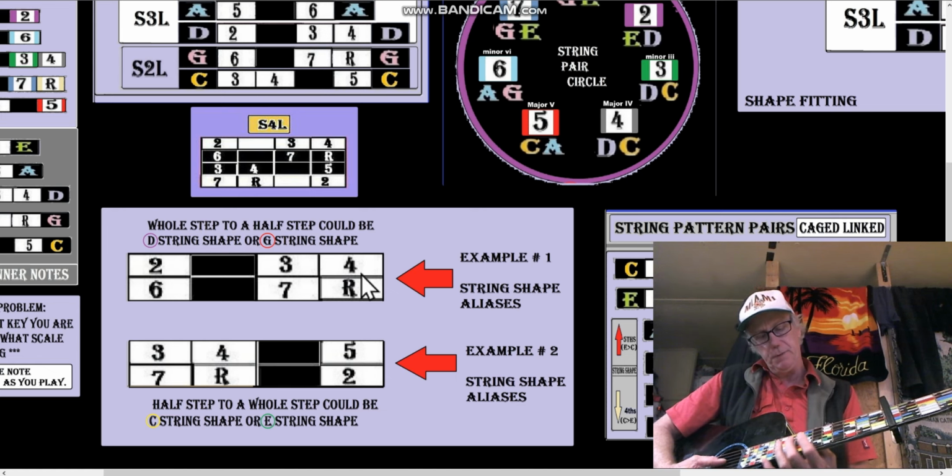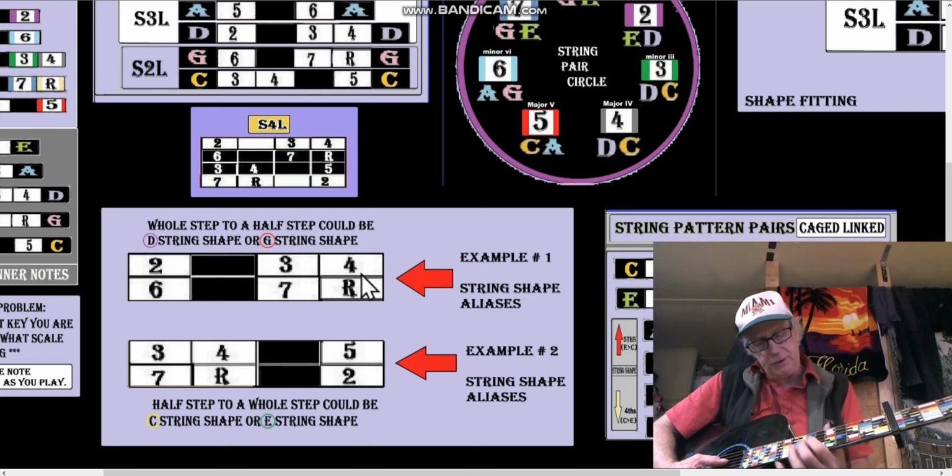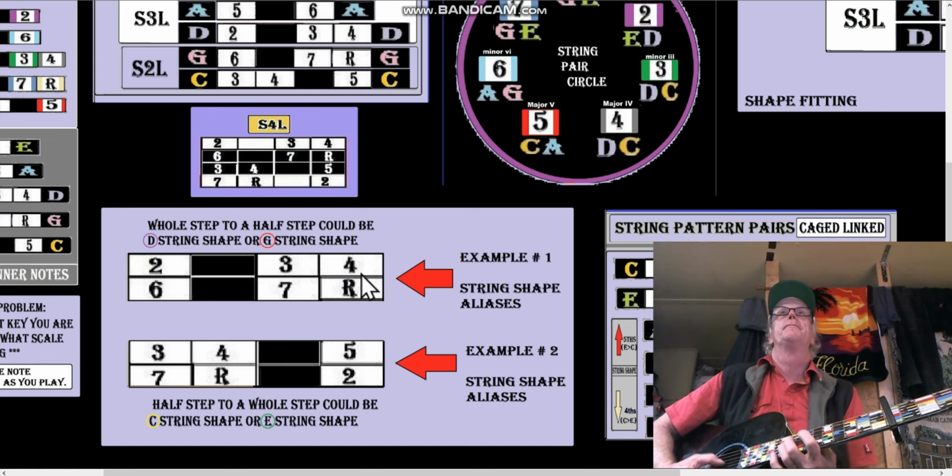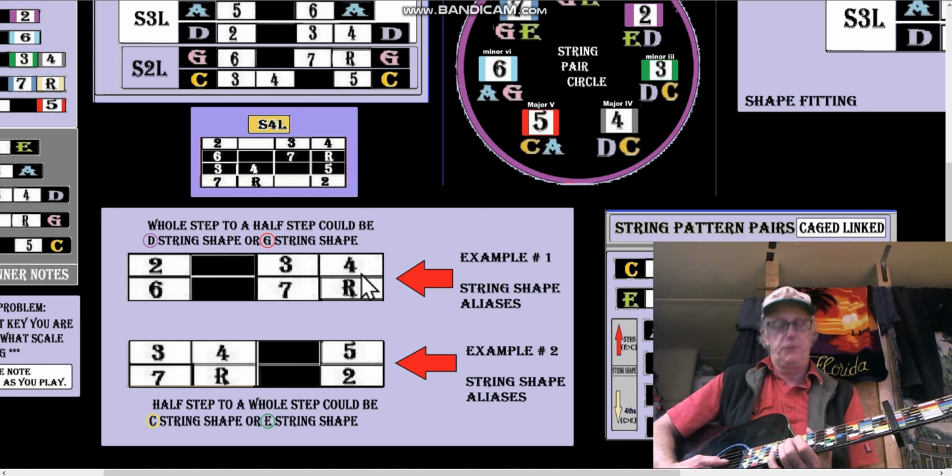But if somebody's playing something and I just play this and it just sounds good, it could be a 2, 3, 4. In that case, what would the C note be? What is C the 4th of? C is the 4th of G, so you'd be in the key of G there.